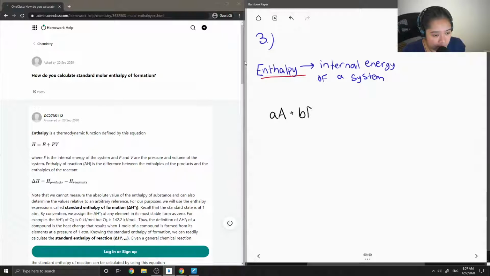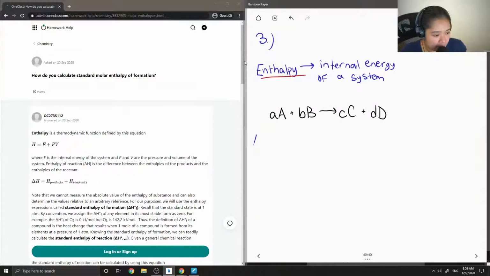The lowercase letters are the coefficients that are used to balance the reaction, and the uppercase will be that element. So let's say we had this balanced reaction.